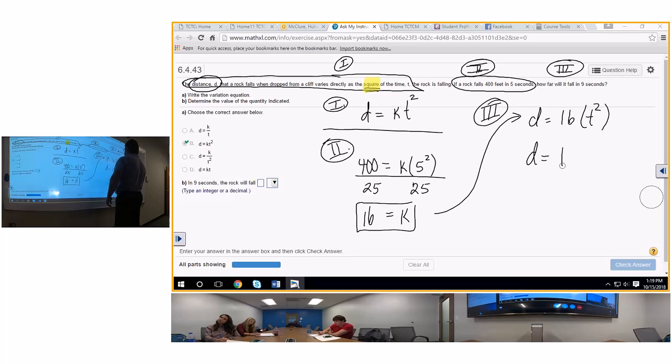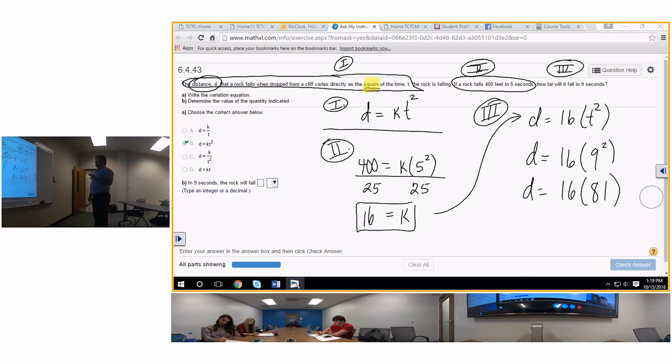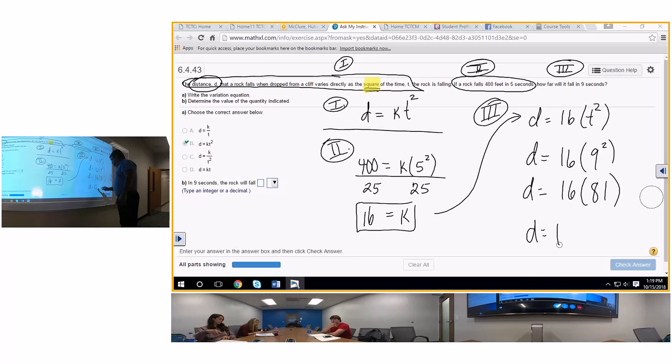D is equal to 16 times 9 squared. D is equal to 16 times 81. Now I'm going to try to do this in my head. 8 times 16 is 128 with a 0 on it. So that's 1280. 1280 plus 16 is 1296. Somebody check my math.